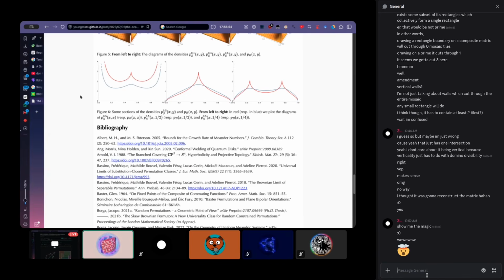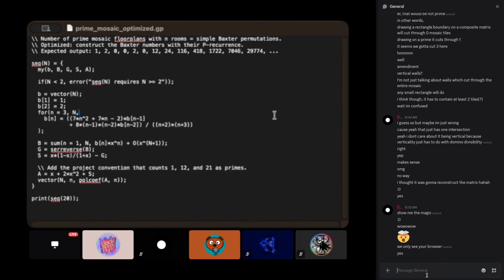And the final thing that I can show before I end is a program that uses the generating function for Baxter permutations and then inverts it, does something called a compositional inverse to get the number of prime mosaics or simple Baxter permutations at blazing fast speed.